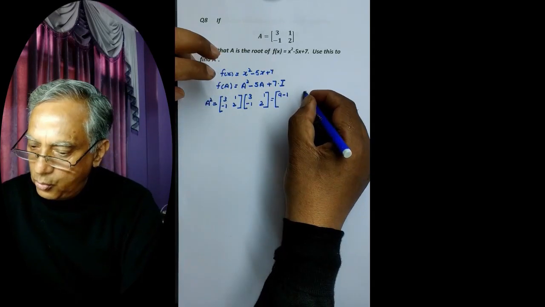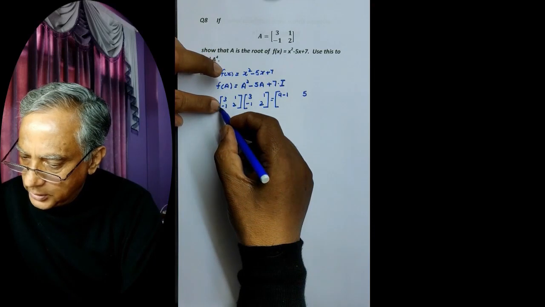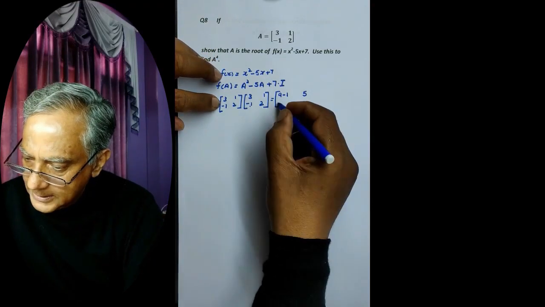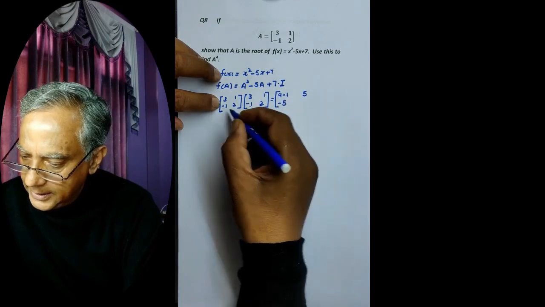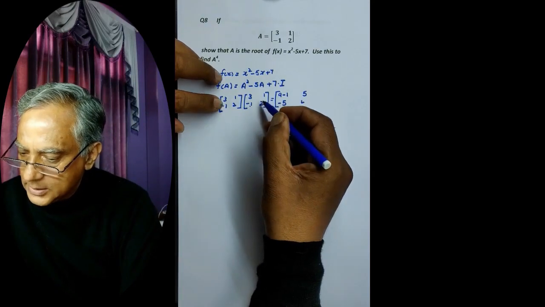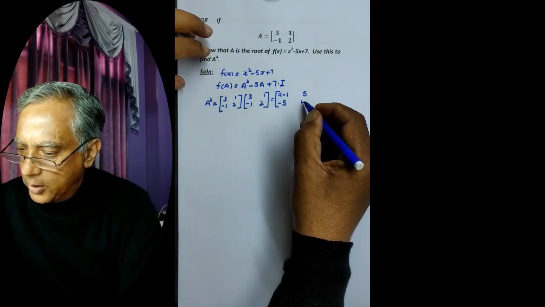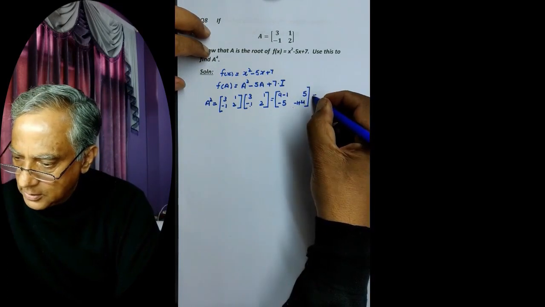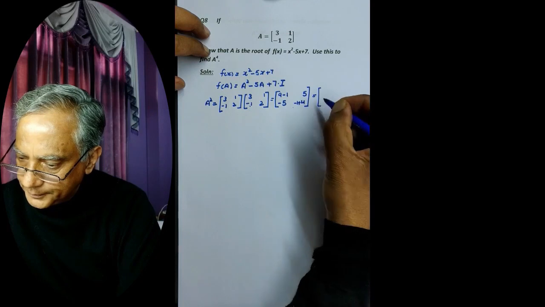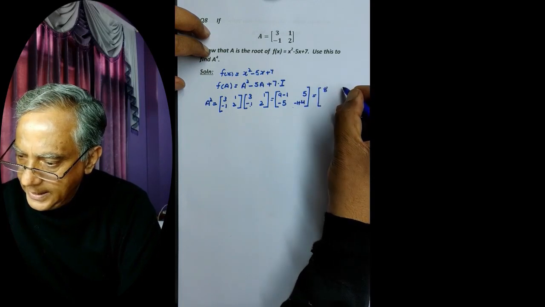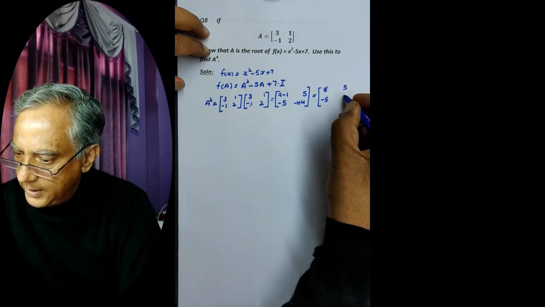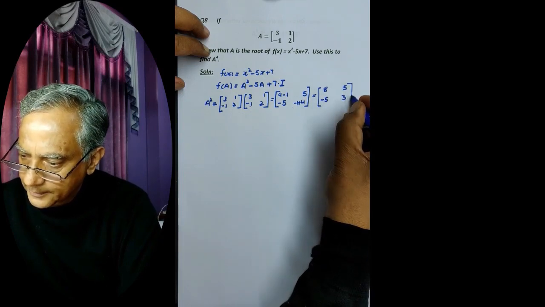That is 5. This into this. Minus 3 minus 2. Minus 5. This into this. This is minus 1 plus 4. Minus 1 plus 4. This is equal to [8, 5; minus 5, 3].